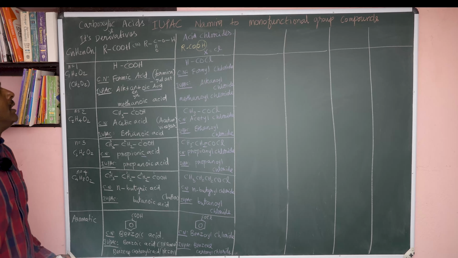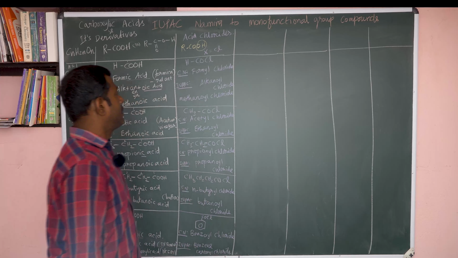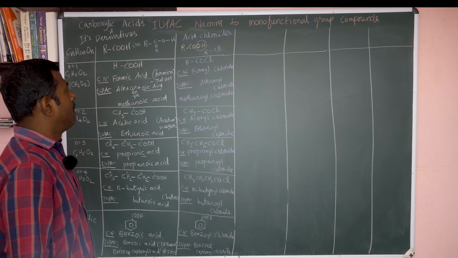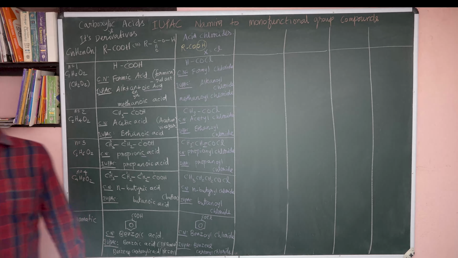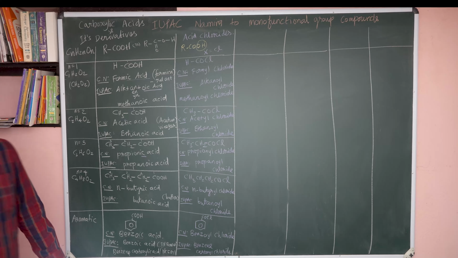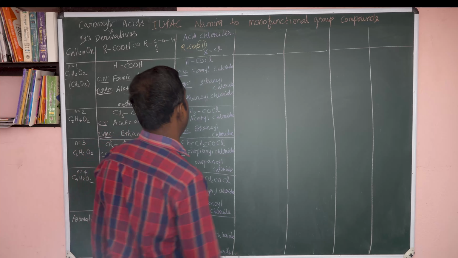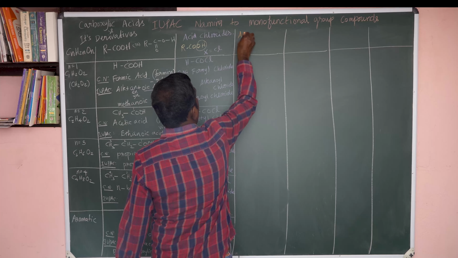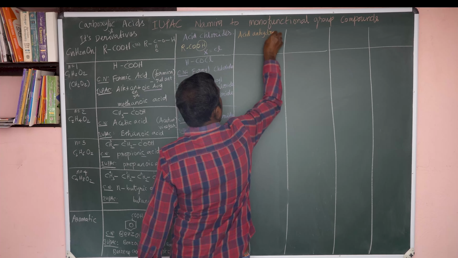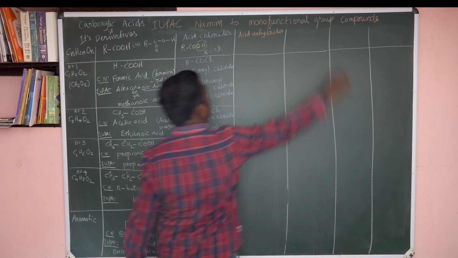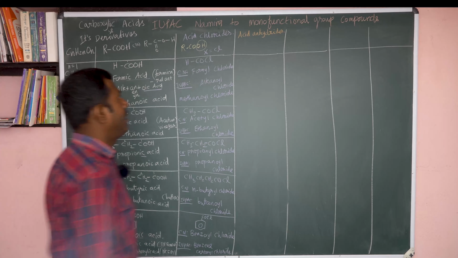Okay, right. So the first acid derivative is acid chlorides. So we have given the structure followed by the formula, followed by their common names and their IUPAC names. The next acid derivative is acid anhydrides. Anhydride means without water.